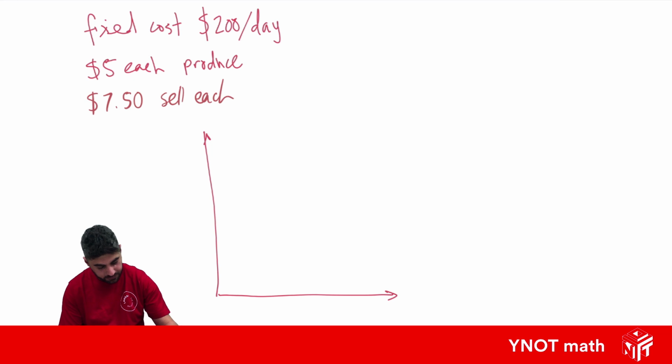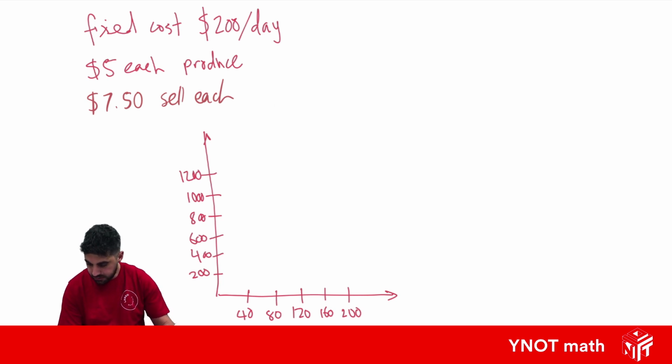So on our y-axis, we're going to have everything in terms of dollars, and on our x-axis, we're going to be talking about burgers. This graph was given, so we're showing the cost first.